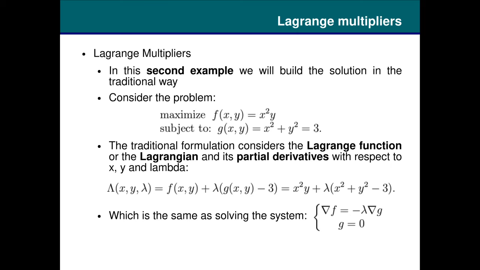This is a way of formulating it. It's quite common to find this formulation. People call it the Lagrangian formulation. You can notice that this is the same as solving this. If I have the gradient vector of f equals minus lambda times the gradient vector of g, this turns out to be the same as the gradient vector of f, which I'm going to compute on top of this, okay?